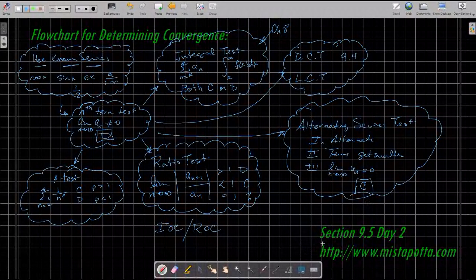And so the question is, what happens if none of these tests work? Well, if none of these tests work, then what we really need to do is look at technology.